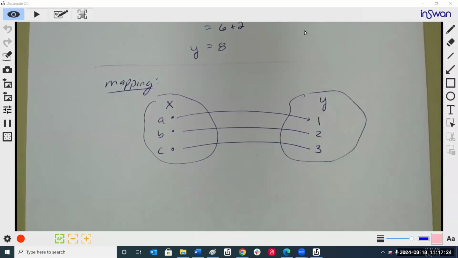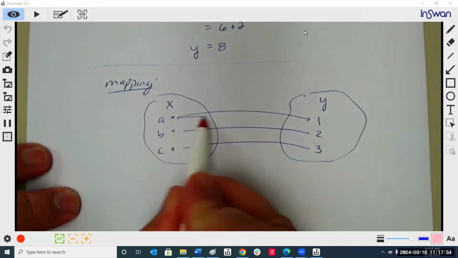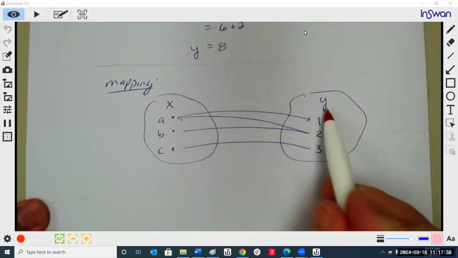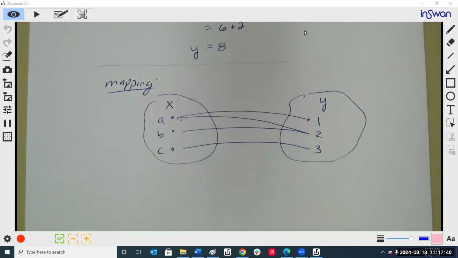Give me an example of something that would not be one-to-one. Yeah, if A went to 2 places as well, then it wouldn't be one-to-one. Then we couldn't use that anymore.